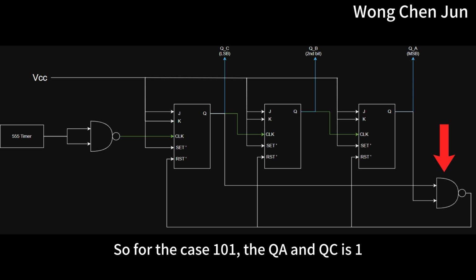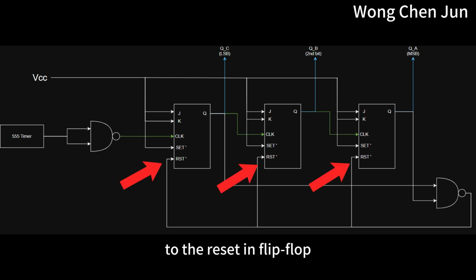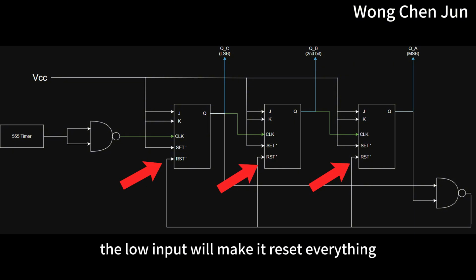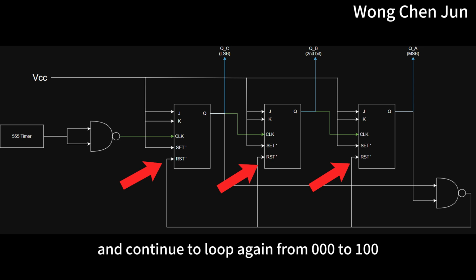So for the case 101, QA and QB are 1, so the NAND gate will produce a 0, the low signal, to the reset in the flip-flops. Because the reset is also active low, the low input will make it reset everything and go back to 000, and continue to loop again from 000 to 100.